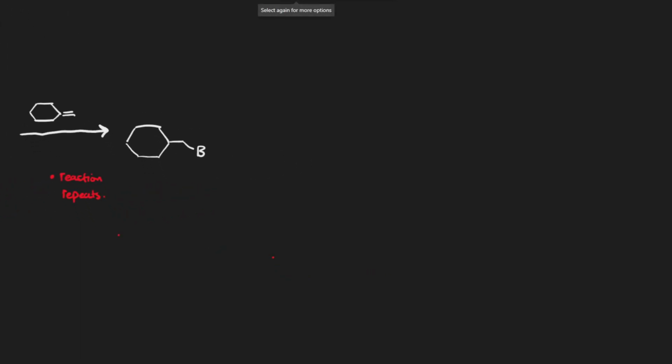And we now use our second set of reagents, hydrogen peroxide and sodium hydroxide.